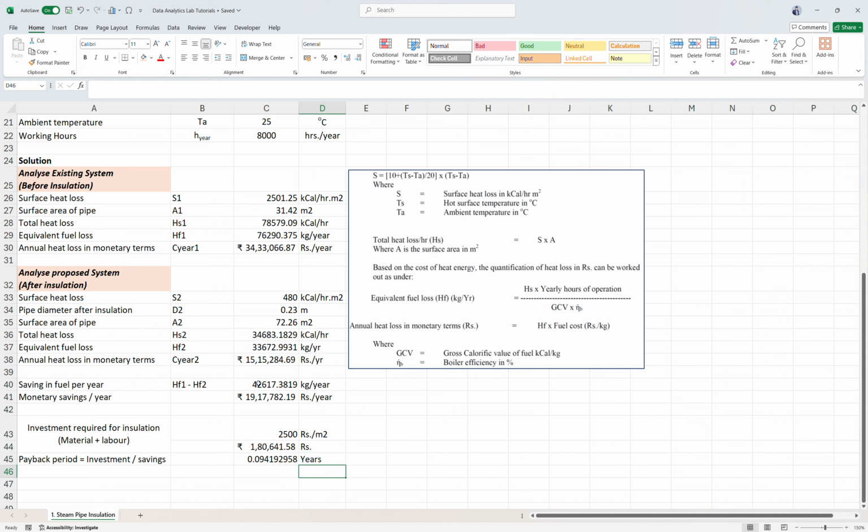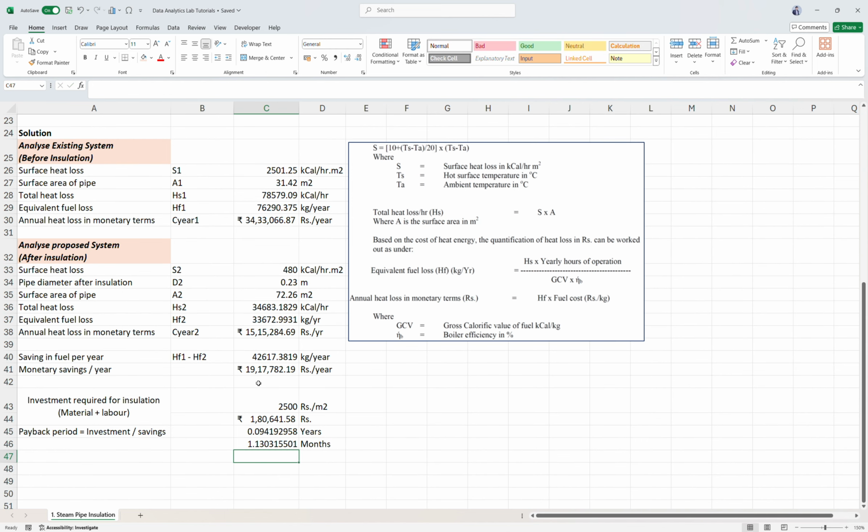As I can see, 0.09 years will be required to take my money back, to recover my invested money. If I want this in terms of months, this is equal to this one into 12 months. So 1.13 months. In 1.13 months, all my invested money will be recovered. I will adjust the decimal places for these two quantities.